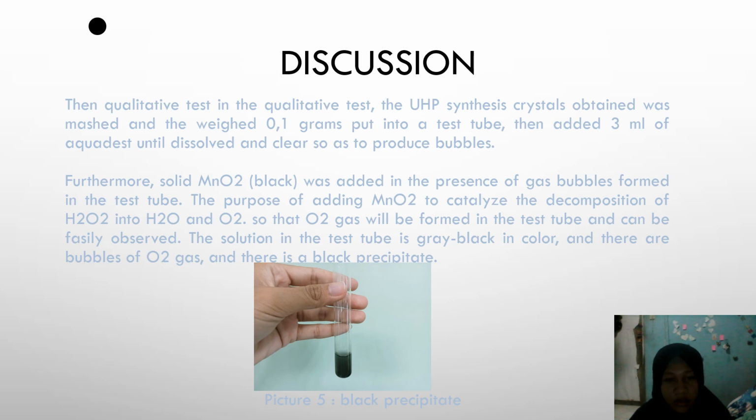The purpose of adding MnO2 is to catalyze the decomposition of H2O2 into H2O and O2, so that O2 gas will be formed in the test tube and can be visually observed. The solution in the test tube is gray-black in color and there are bubbles of O2 gas. There is a black precipitate.